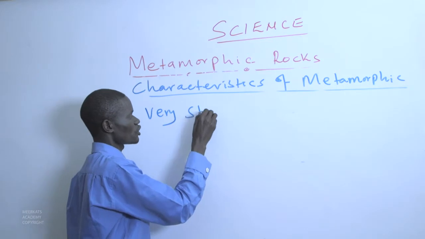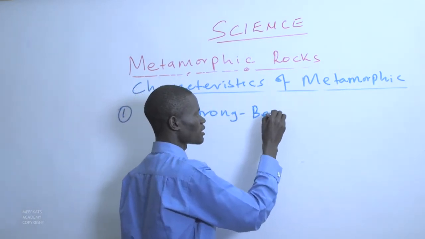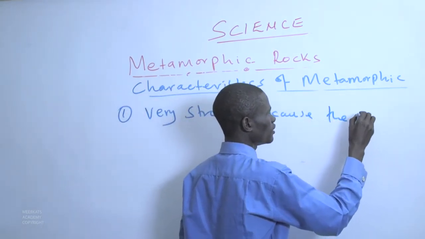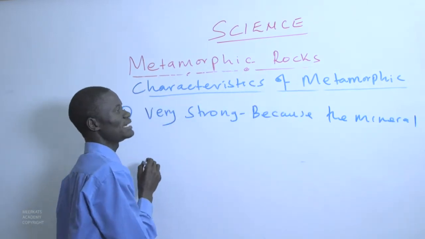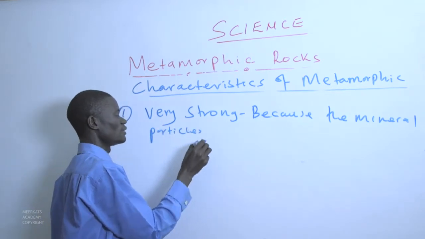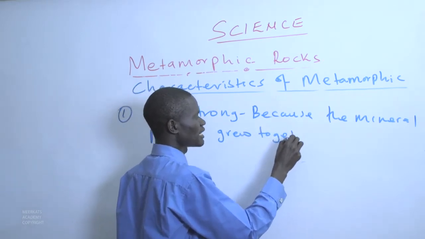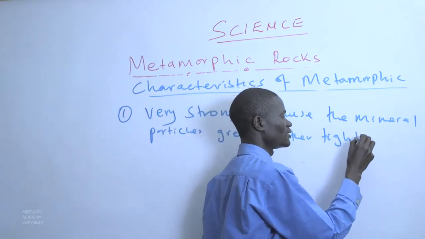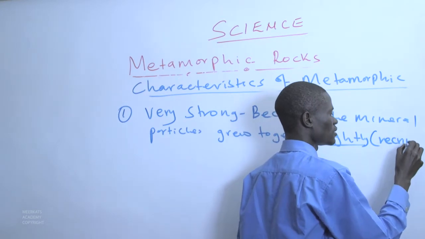They are very strong. Why? They are very strong because the mineral particles that were found in them grew together with the other minerals tightly in the process of recrystallization.